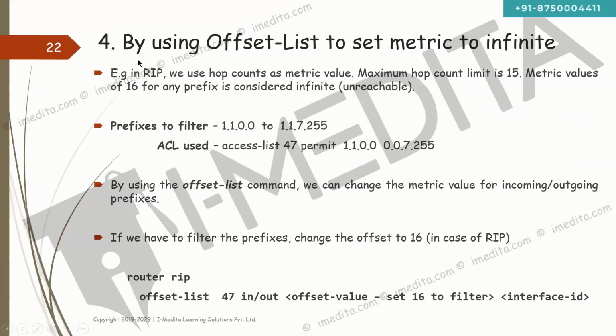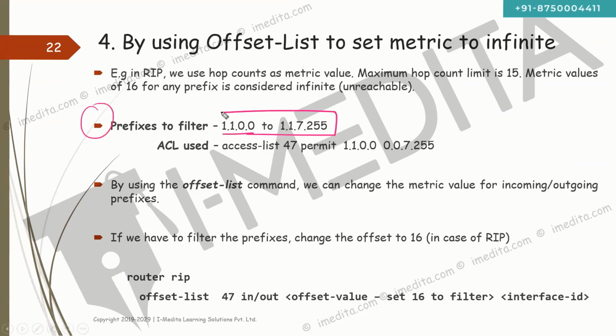RIP uses hop count as a metric value and the maximum hop count limit is 15. So we can increment the metric value to 16 for any prefix to make it unreachable, because the metric will be considered infinite. For example, we wanted to filter all these prefixes.